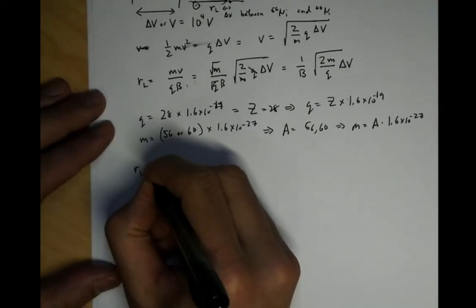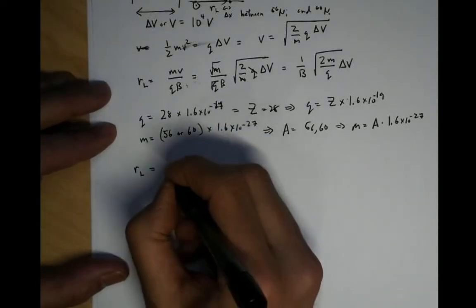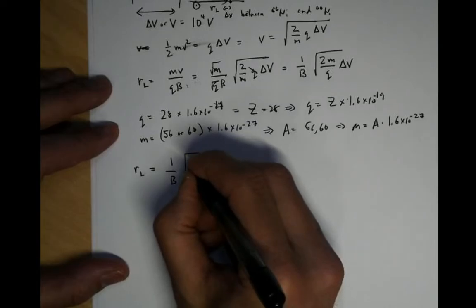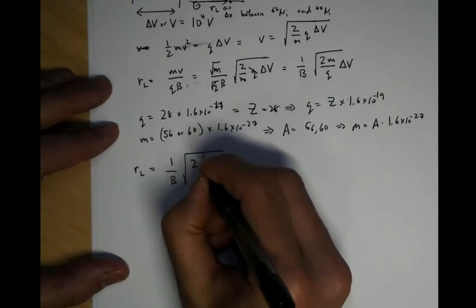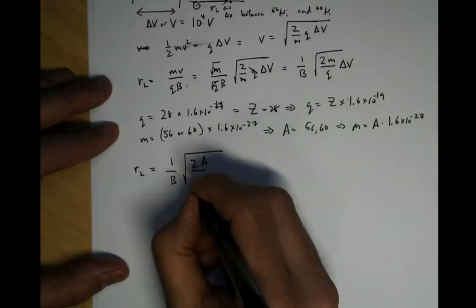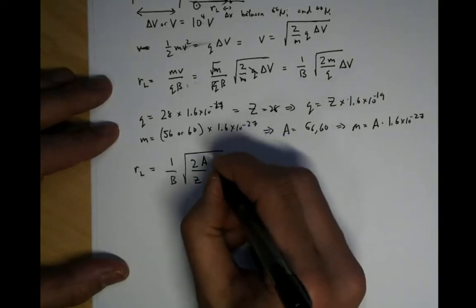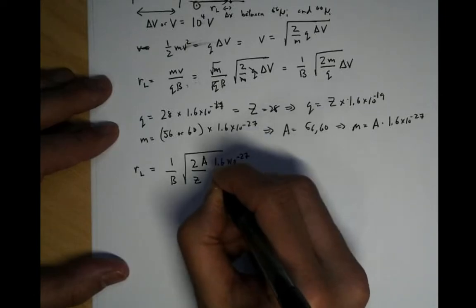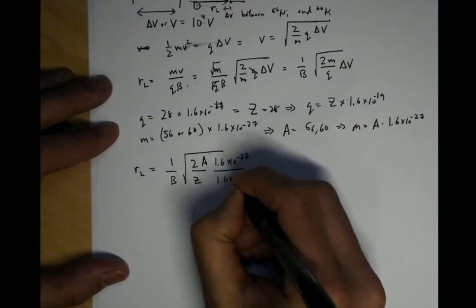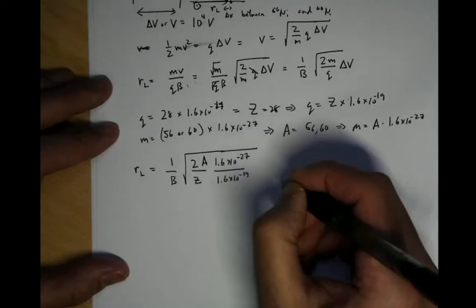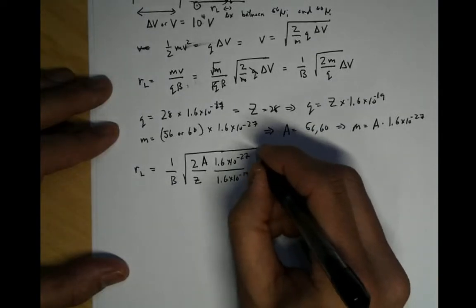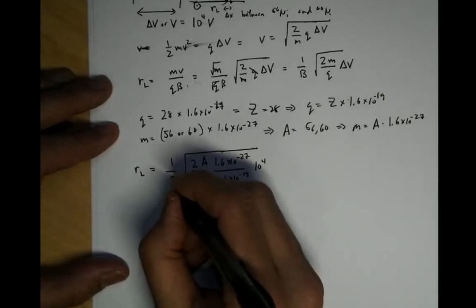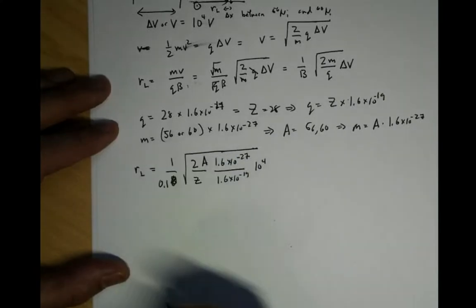So R_L is equal to 1 over B times the square root of 2A in the m part, the Z in this part, 1.6 times 10 to the minus 27, 1.6 times 10 to the minus 19, and then delta V is 10 to the 4th, and B is 0.1. So now we're done.